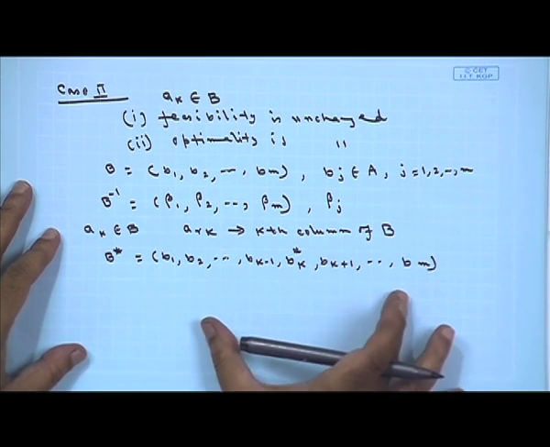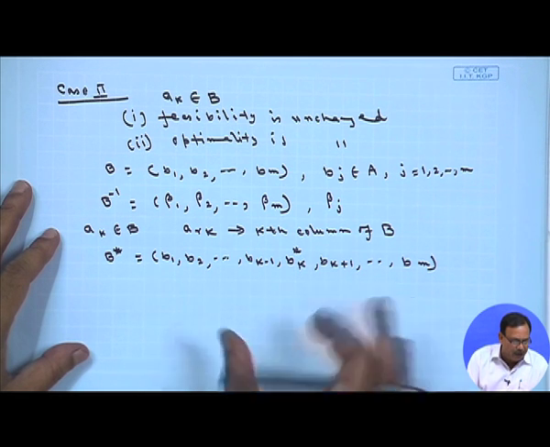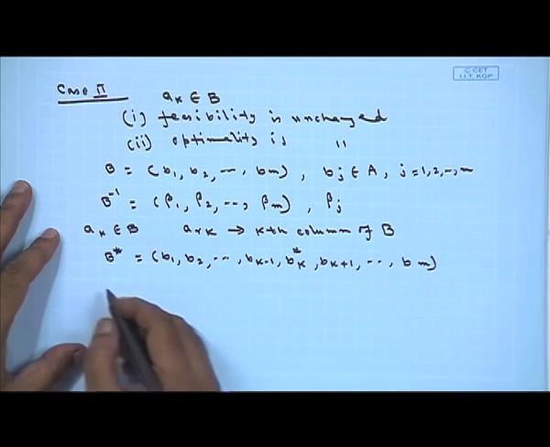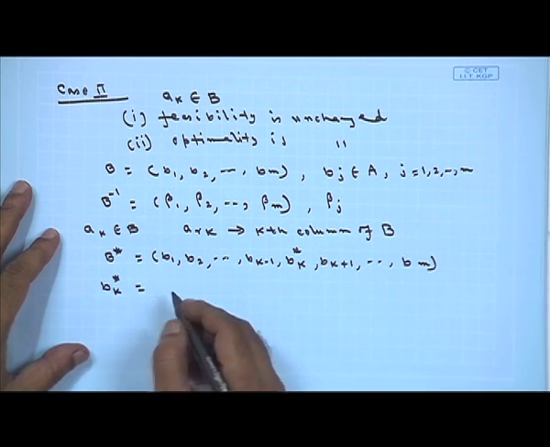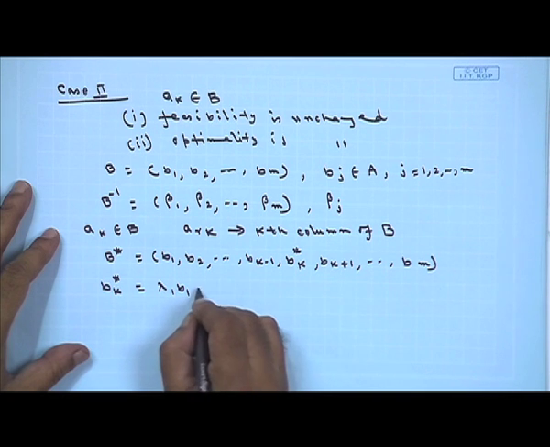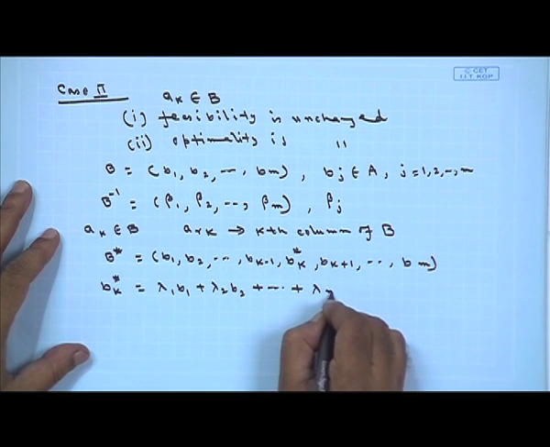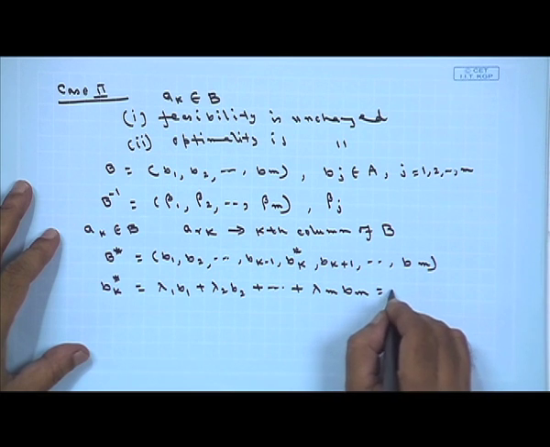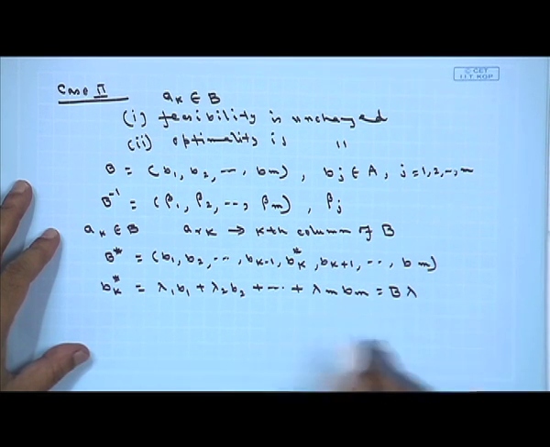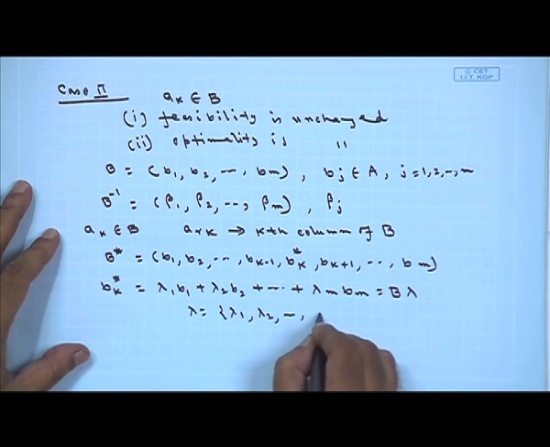This entire vector, B k star, can be written as a linear combination of the basic vectors of B. So, B k star I can write as lambda 1 B 1 plus lambda 2 B 2 plus ... plus lambda m B m, which is nothing but B into lambda, where your lambda is equal to lambda 1, lambda 2, and like this way lambda m.